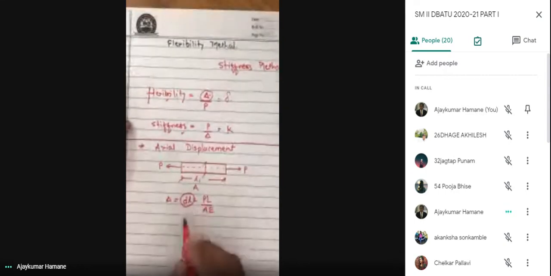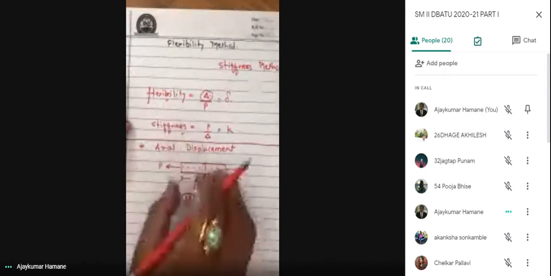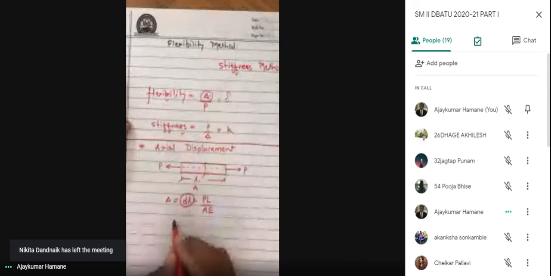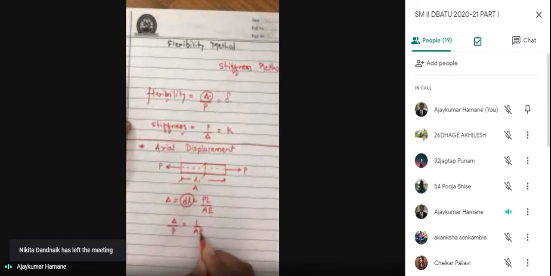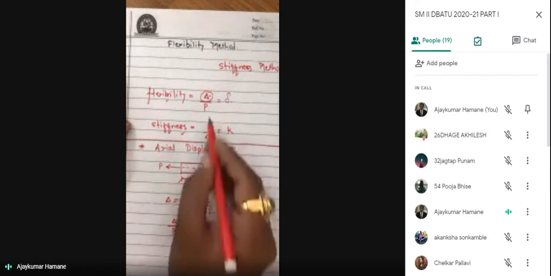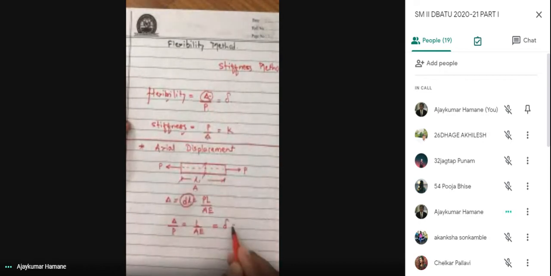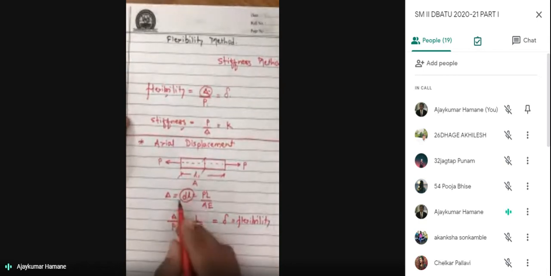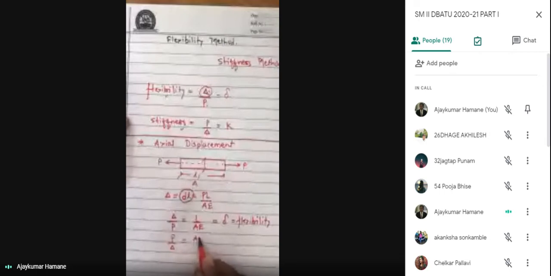Now delta divided by P equals L divided by A. That gives us the flexibility. And P divided by delta gives us A by L. That is the stiffness.